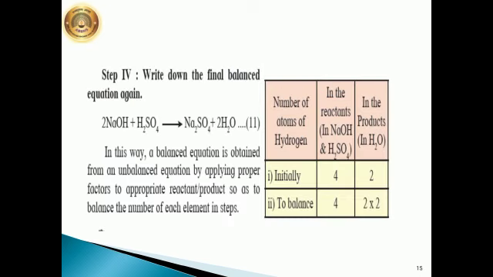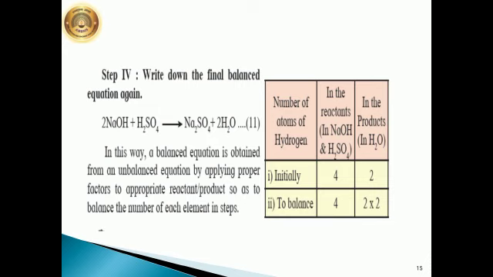Now write down the final balanced equation. What we have done is we have written 2 NaOH, and then we get Na2SO4. Initially for hydrogen it was 4 on the reactants and 2 in the products. So for hydrogen we have added 2, so it becomes 2H2O.